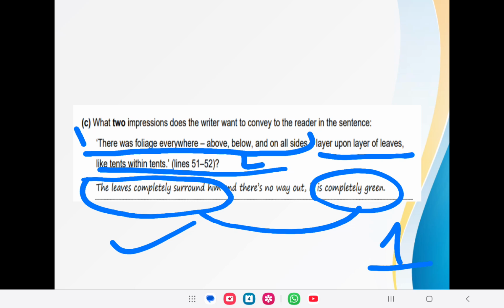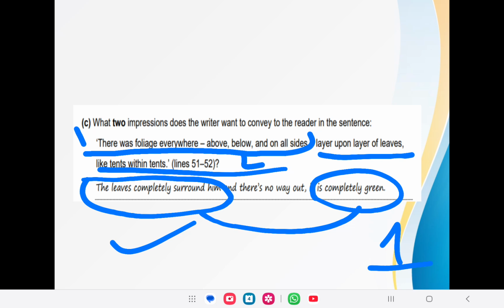As far as the second impression is concerned, the student has written there is no way out, because there are layers upon layers, leaves like tents within tents. Writing there's no way out is not enough to give the impression. Basically the writer is telling us that the space inside is so closely knit together, the leaves or the branches, that you do not get space to get out of that place.